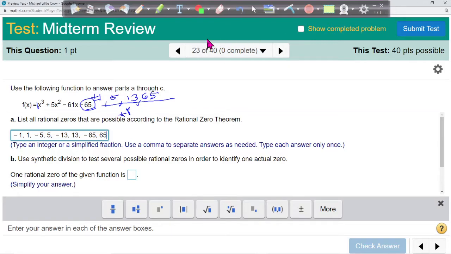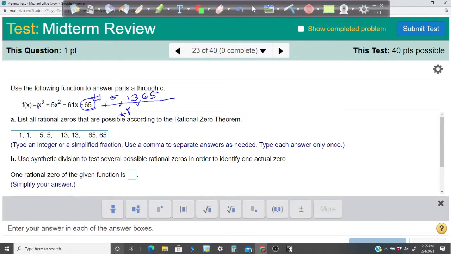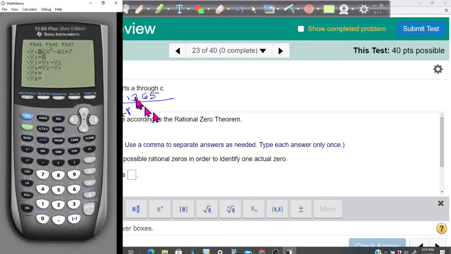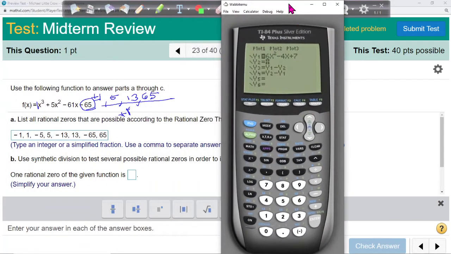Here we go, and then we're asked to use synthetic division. Now that could take a while because one of them is not a zero, and so it doesn't give us the answer. So my suggestion on the test especially is to carefully put the equation in.